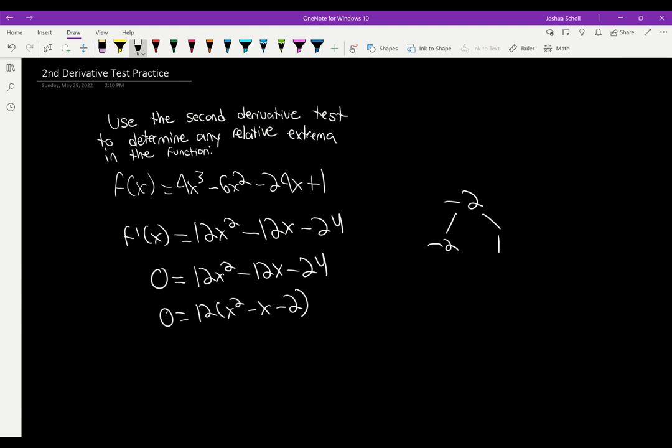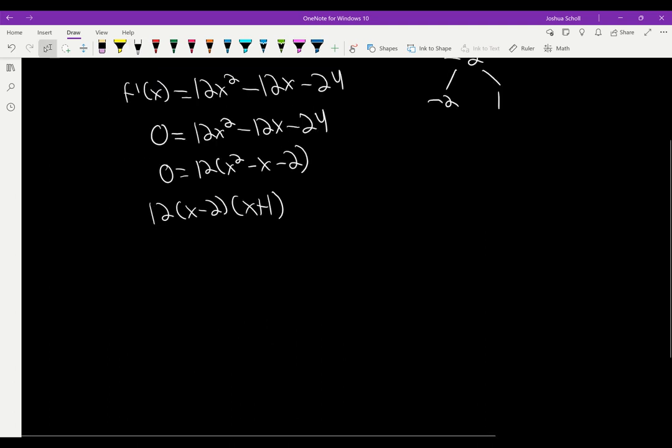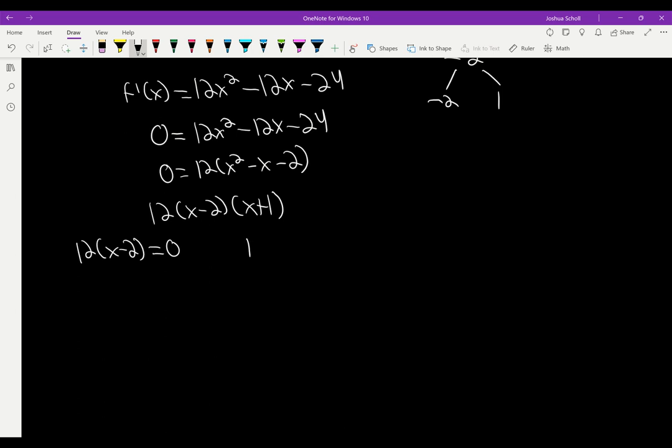So now the equation can become 12 times (x minus 2)(x plus 1). And then we separate this equation. So x minus 2 is equal to 0, and x plus 1 is equal to 0.